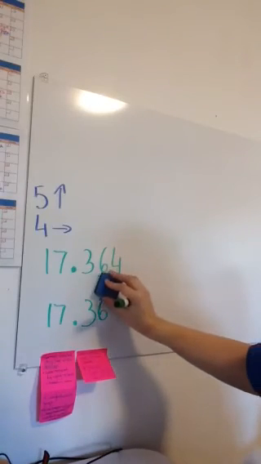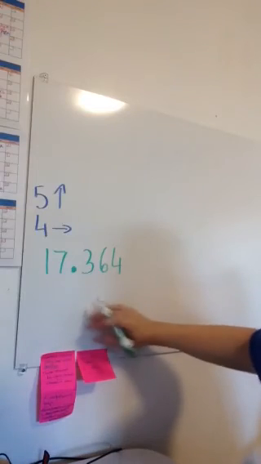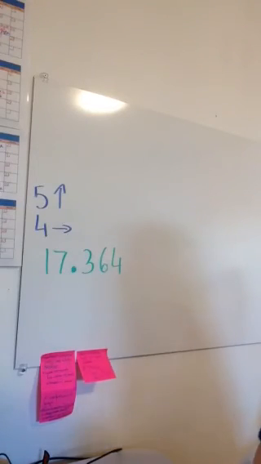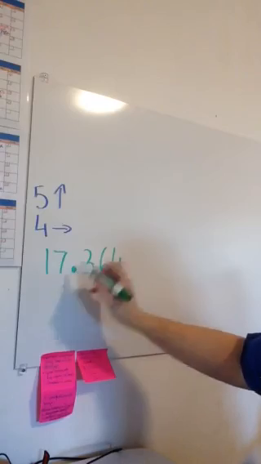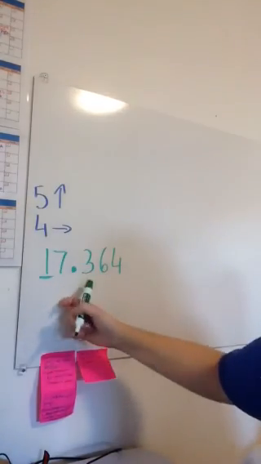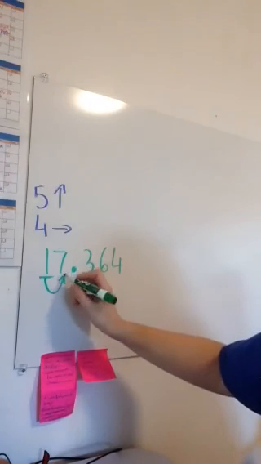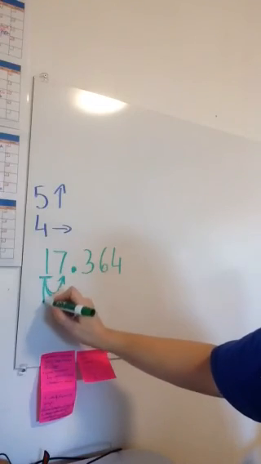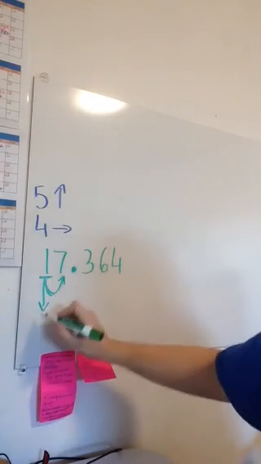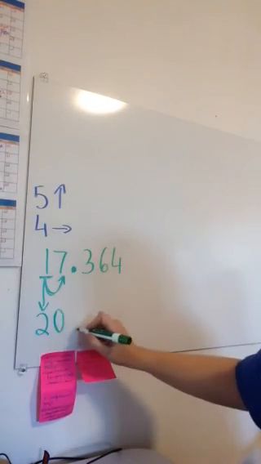Now let's say I want to round this time to the tens place. I have my decimal here, ones, tens. Tell your story. Hey neighbor, what should I do? 7 is going to say I am 5 or more, so you need to up the score. 1 becomes a 2, everything else becomes a 0.